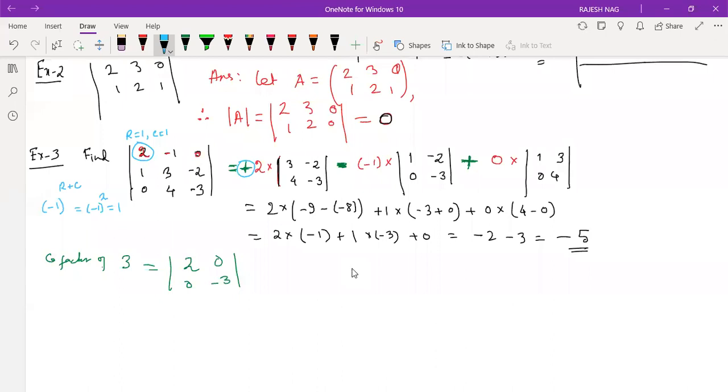Second case: what will come for this one? This is the -1 position, what is the row value? 1, column value 2. Row value 1, column value 2. Okay, so why did the minus come for this symbol?